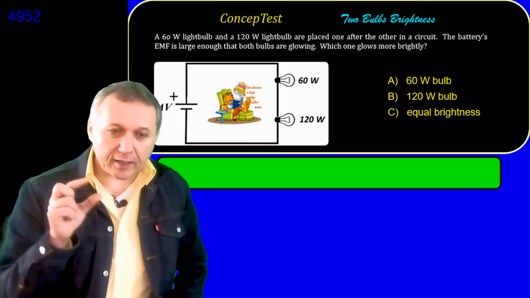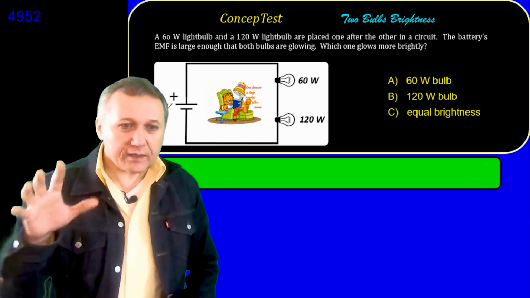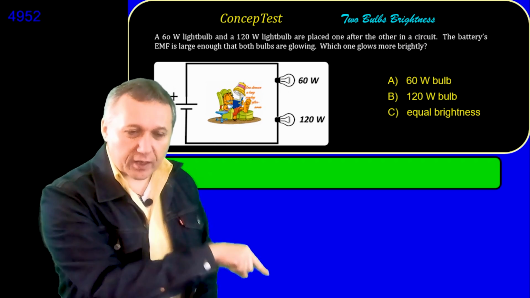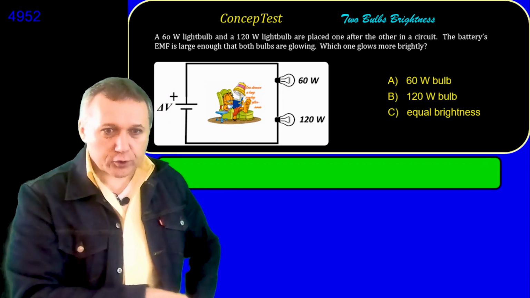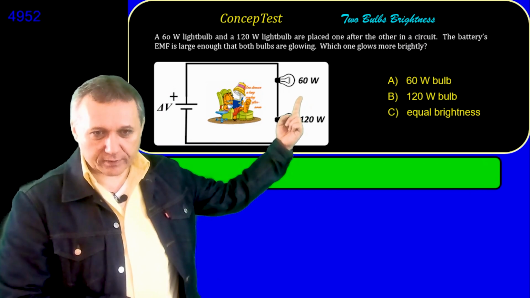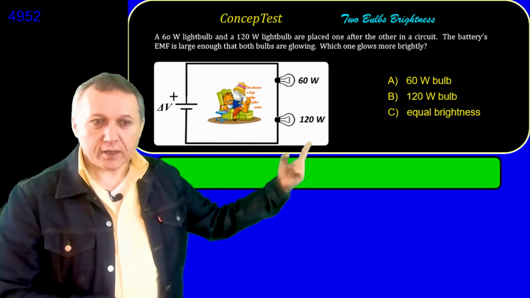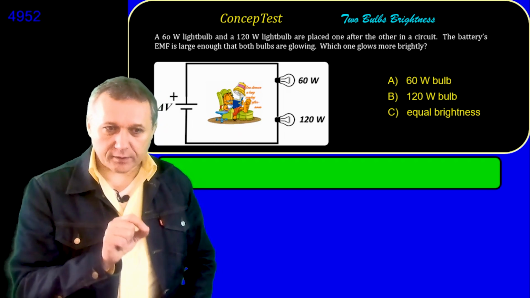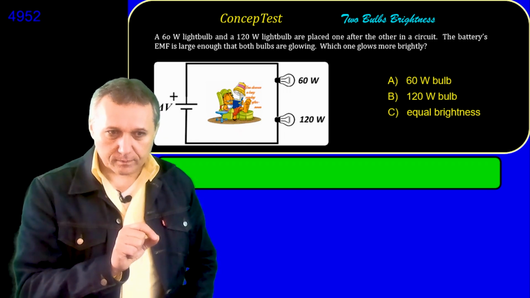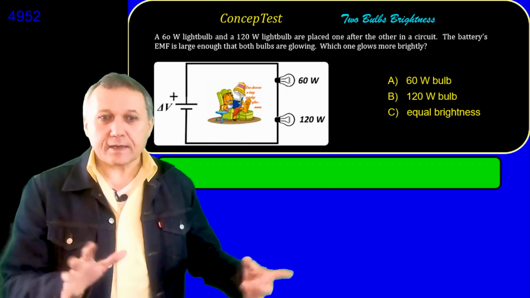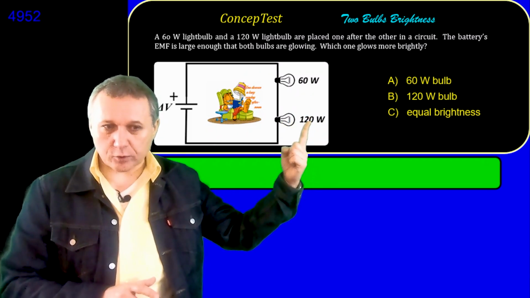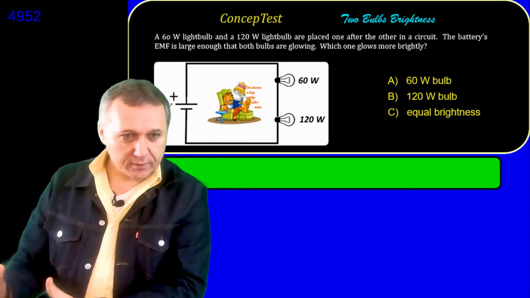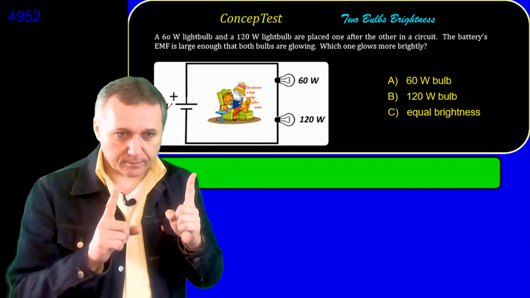Of course, they calculate the wattage assuming that we use 120 volts. So all these numbers, these wattages, 60 watt, 120 watt, are calculated assuming that we use a potential difference of 120 volts. So basically, in the US, these numbers, 60 and 120, are like an intrinsic property of these bulbs, but only in the US.